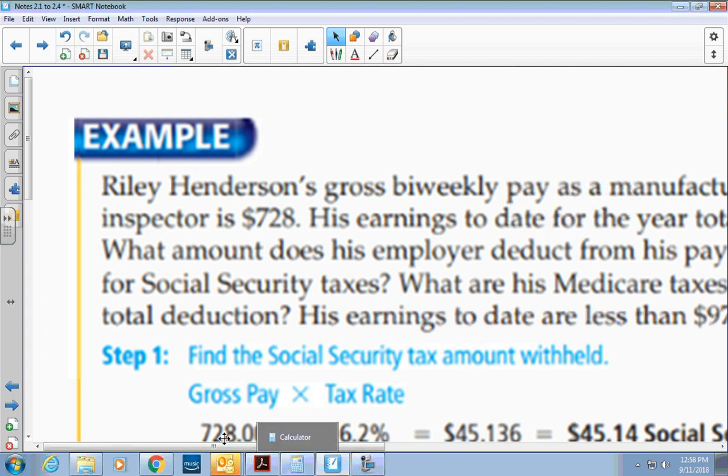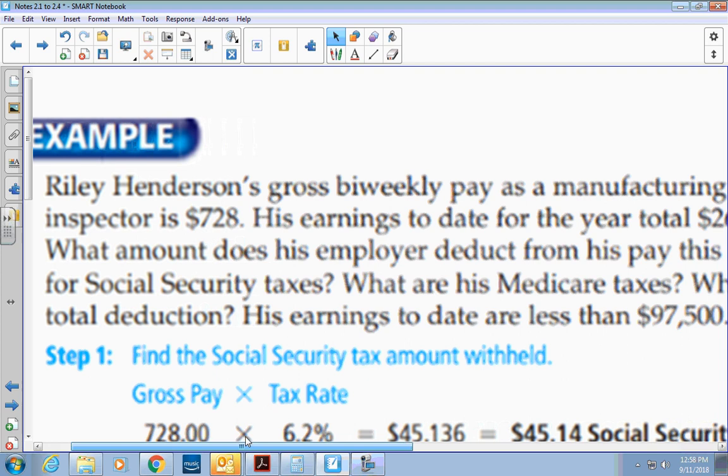All right, so in example number 1, we have a bi-weekly paycheck. It's $728. His earnings to date for the year are $26,208. That is not $97,500, so we ignore it.